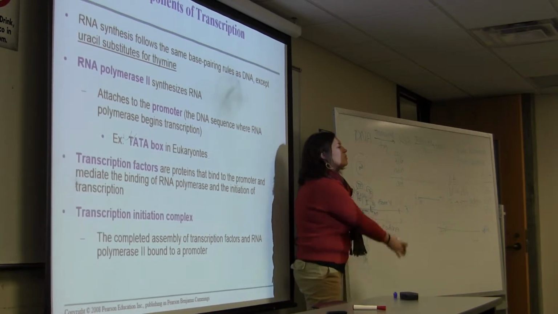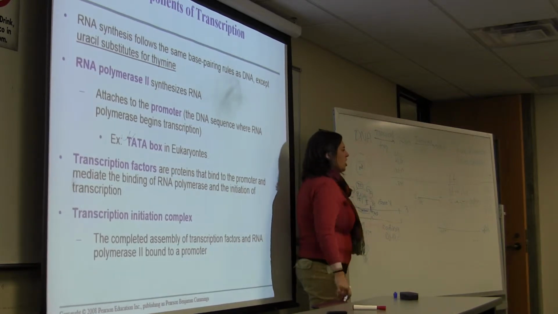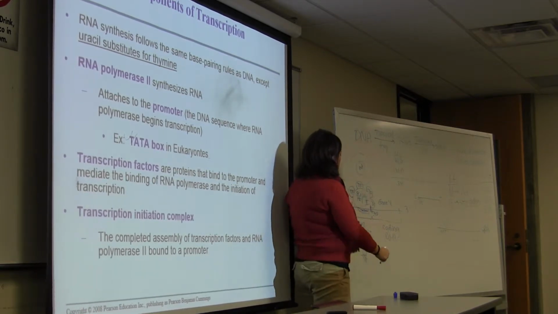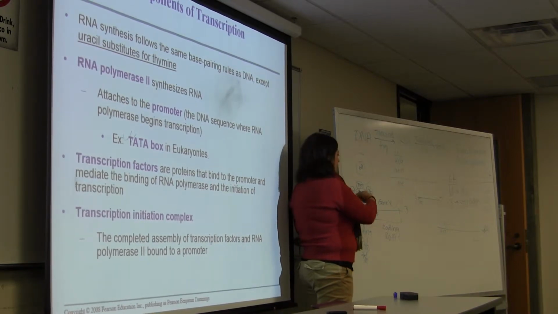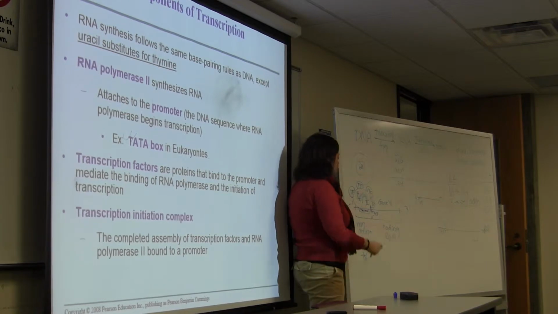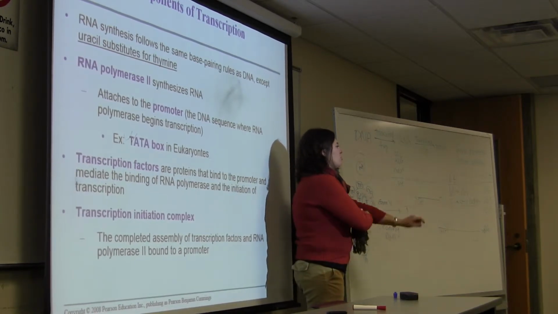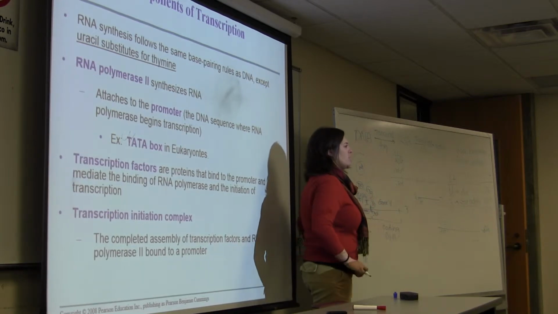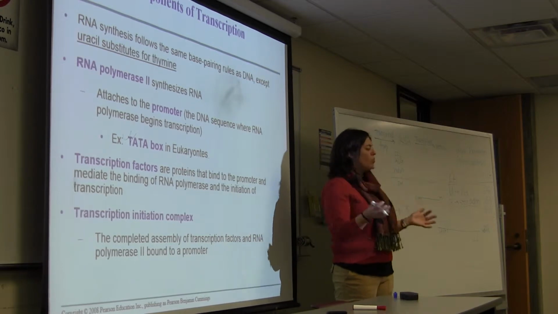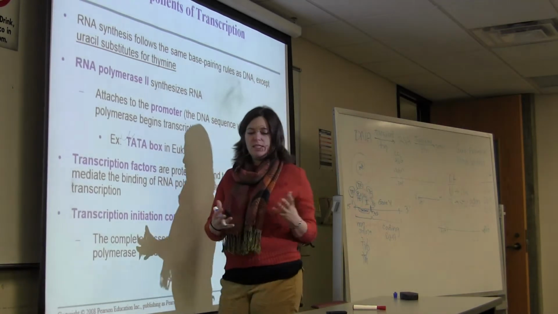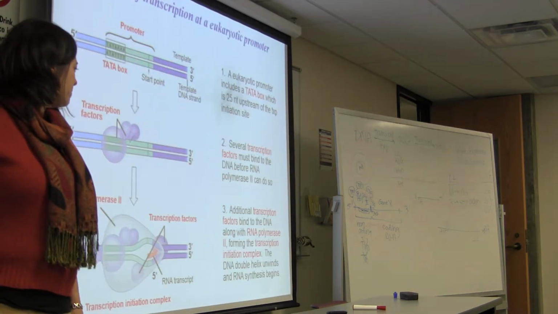But anyways, before transcription can begin, you have to form this transcription initiation complex, which is formed between the promoter, the RNA polymerase, and then all the transcription factors around it. And there's multiple different types of transcription factors, and each promoter is going to have different transcription factors. So in general, these transcription factors are just proteins that help this RNA making process along.